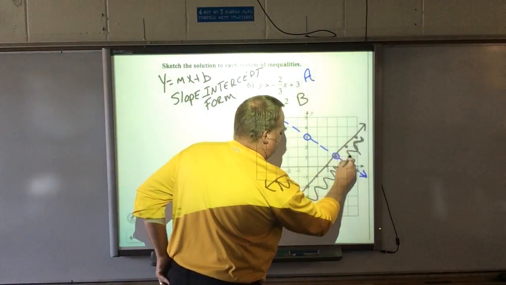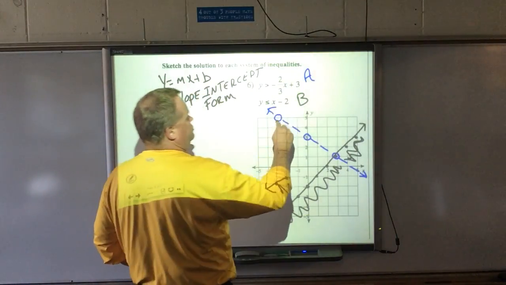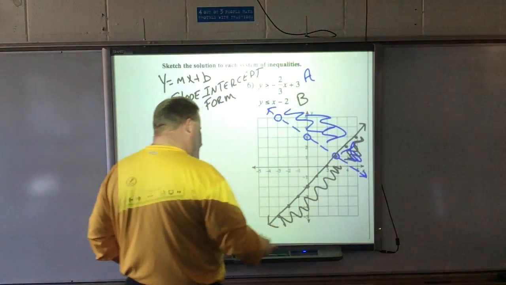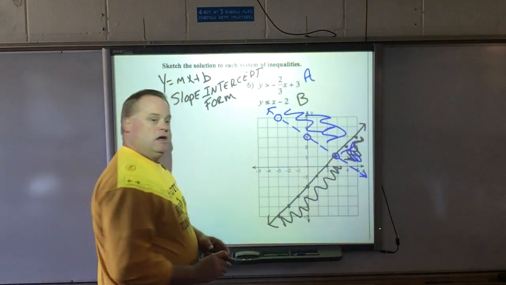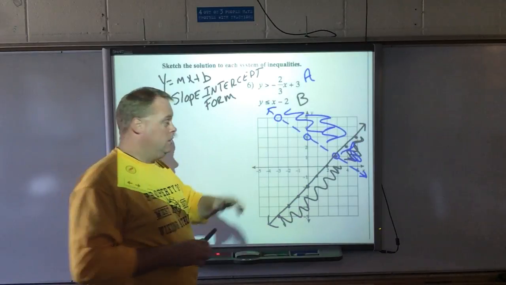And notice I'm shading down here, right? And the other one was greater than, so my line A was greater than. Well, notice where I shade, where I have two colors. I have both the black and the blue in there.